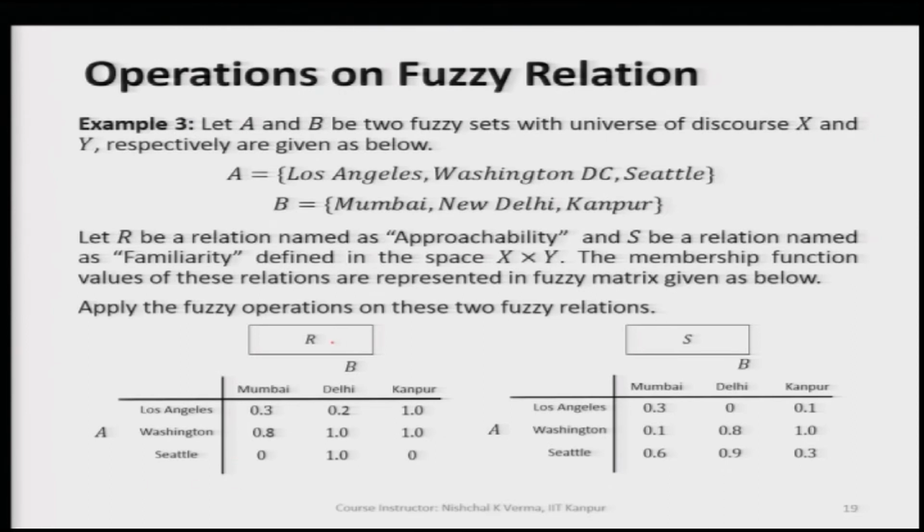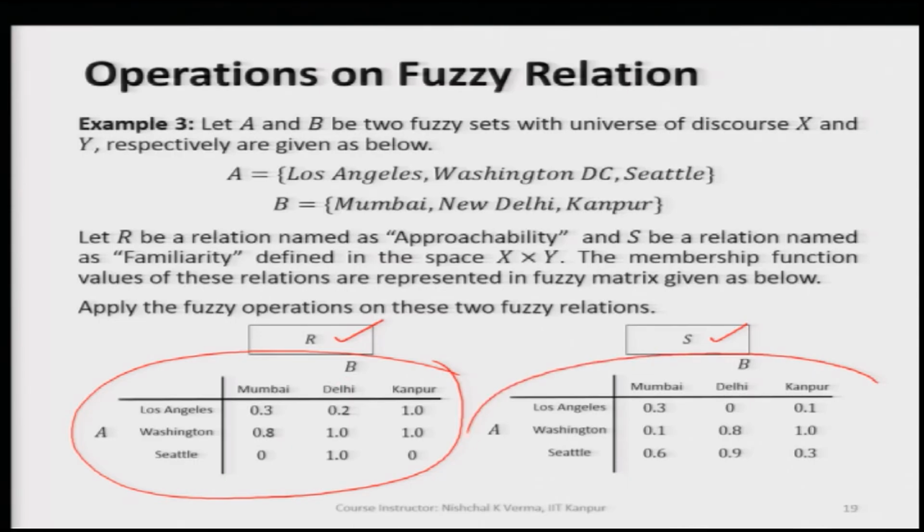If we have an R fuzzy relation set and another fuzzy relation set S, we can represent R like this and S like this, and if we are interested in applying the operations on these fuzzy relations R and S, let us now see how we can move ahead.